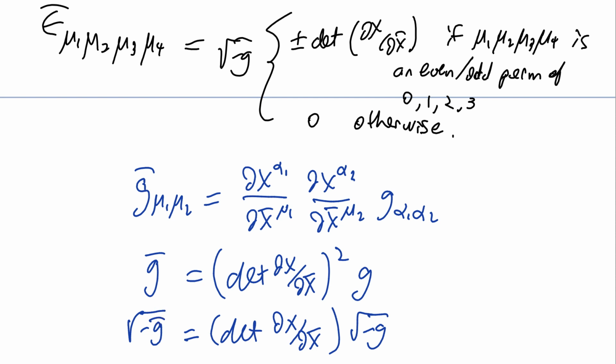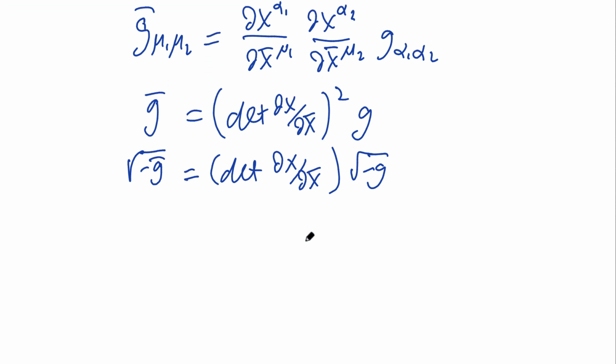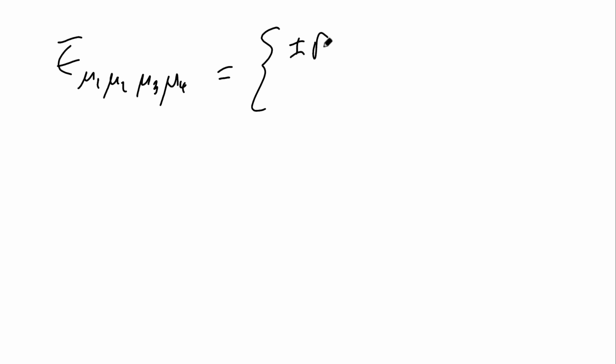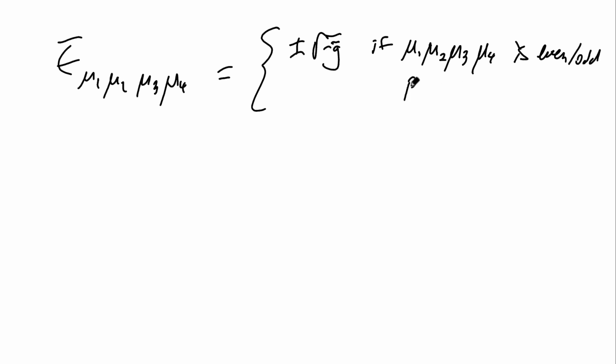So what we conclude is that the Levi-Civita tensor in the barred coordinate system is just equal to plus or minus square root of minus g bar if mu1, mu2, mu3, mu4 is an even or odd permutation of 0, 1, 2, and 3, 0 otherwise.